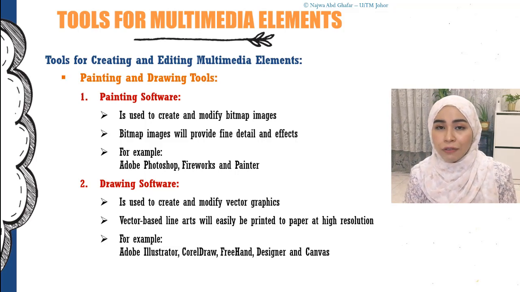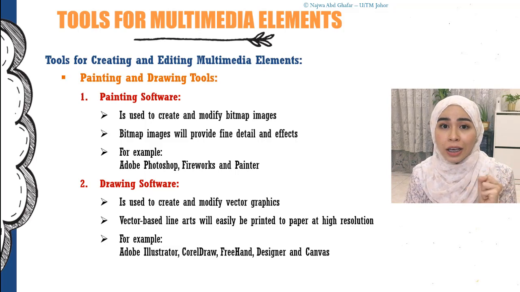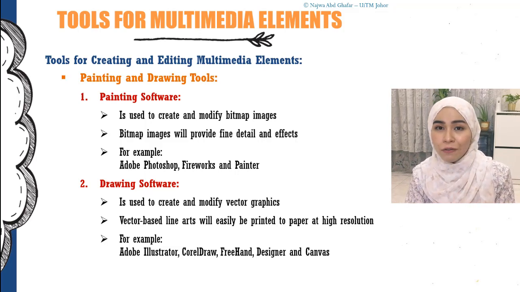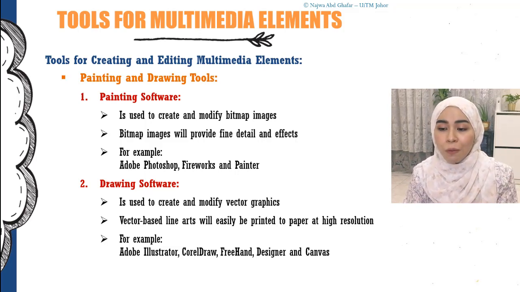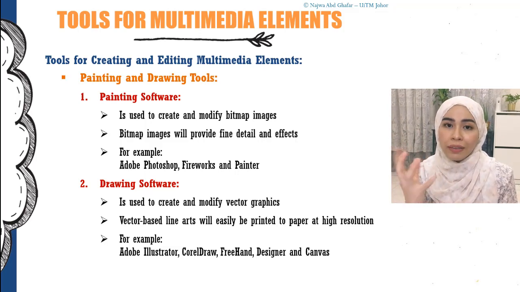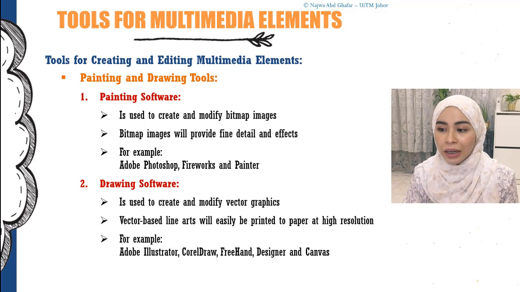The difference between bitmap and vectors: bitmap usually deals with colors, so that's why it's called painting. You are editing the colors inside your picture, the pixels. Whereas with drawing software, we're dealing with the lines in order to create that particular vector.